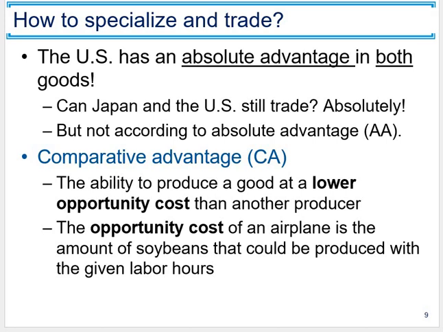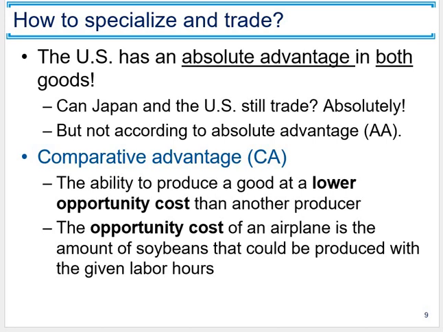So basically, the difference between CA and AA is that AA is just comparing the numbers, right? How much cost occurred when producing different goods.